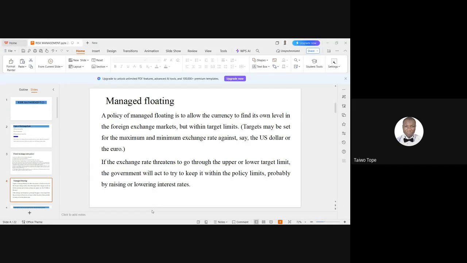So it's a hybrid, a combination of floating and fixed. So it is a hybrid of fixed exchange rate and a flexible exchange rate system. So under this system, central bank intervenes in the exchange markets to restrict the fluctuations in the exchange rate within certain limits.